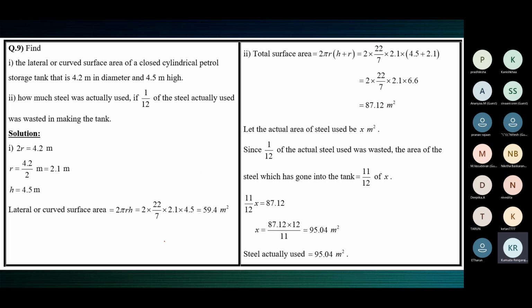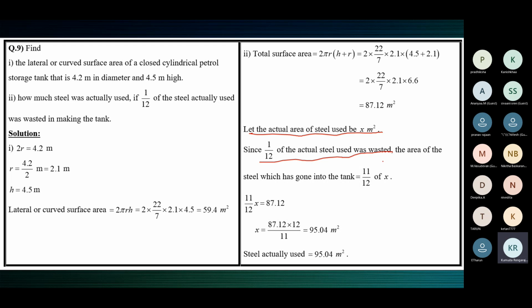Yeah, your answers are right, 59.4 and 87.12. When you subtract, you can see here, let the actual area of steel used be X meter square. 1/12 of the steel actually used was wasted.